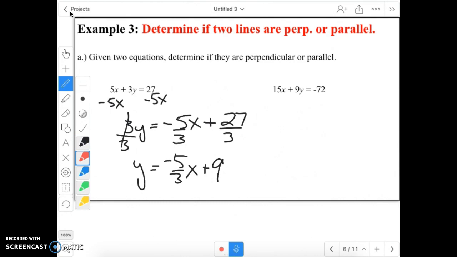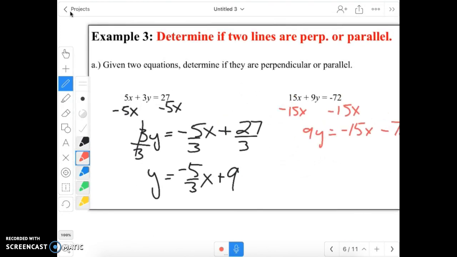Now if I take a look at the other one, I will subtract 15x. So I get 9y equals negative 15x minus 72 and divide by 9.